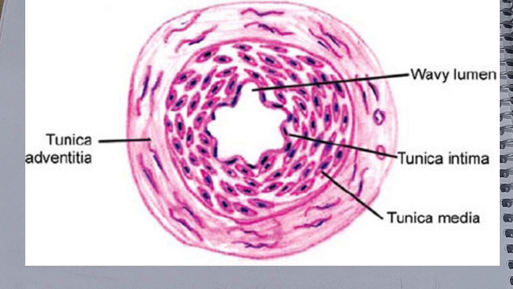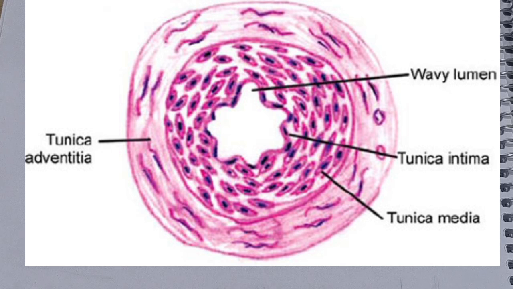And please notice that in this normal structure there are no inflammatory cells like neutrophils present in the wall of the blood vessel, and no hyaline like materials. So you should remember this key concept.